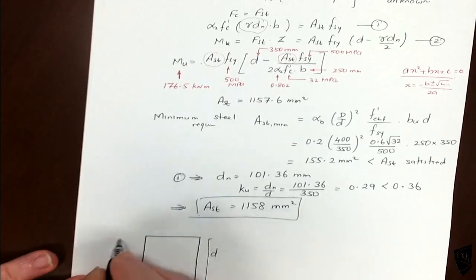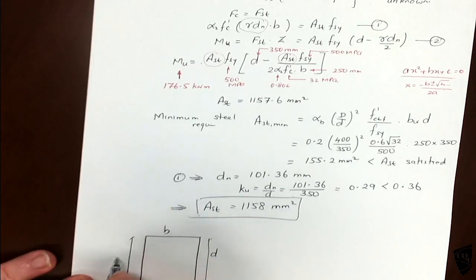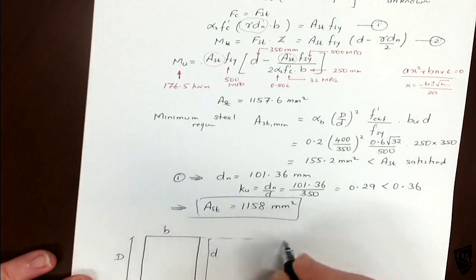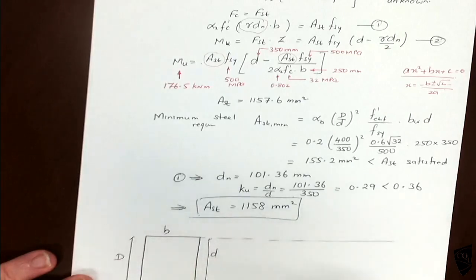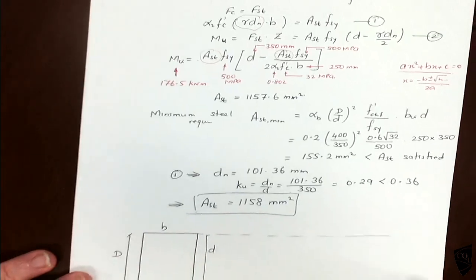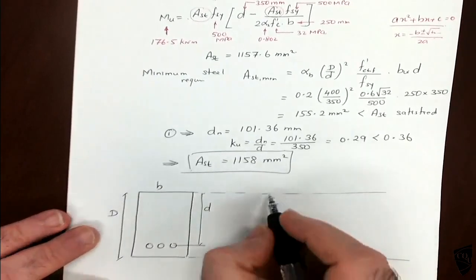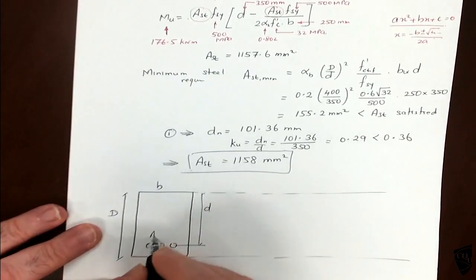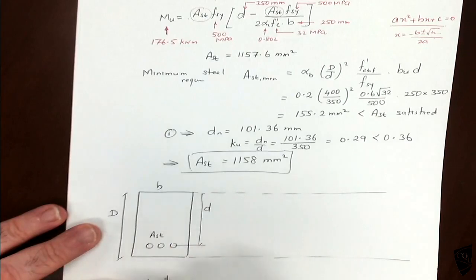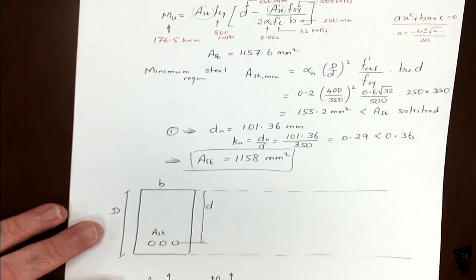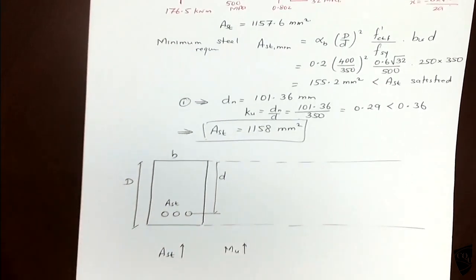So this is D, this is B. So we know the AST value. You increase the AST, what will happen? Mu will increase. Yeah? Is that correct? Yeah. That's what we look at now.